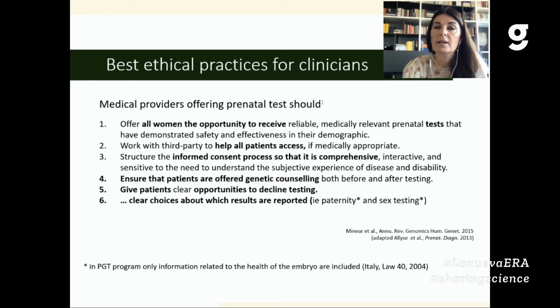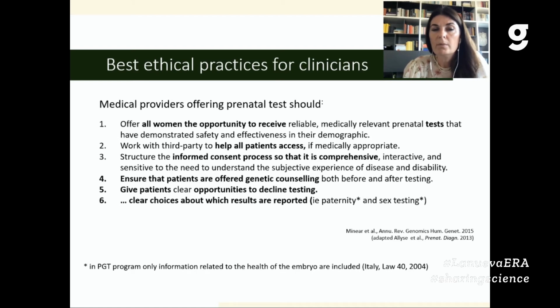Of course, they need to know the predictive value of this test, and if you include mosaicism, you should clearly show the patient the rate of false positives and false negatives. Genetic counseling may be necessary. So it is a difficult procedure because it requires a lot of expertise in the lab, but also for consultation and to explain to the patient the real meaning of this technology.